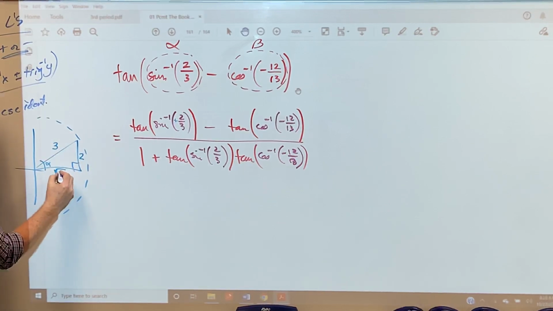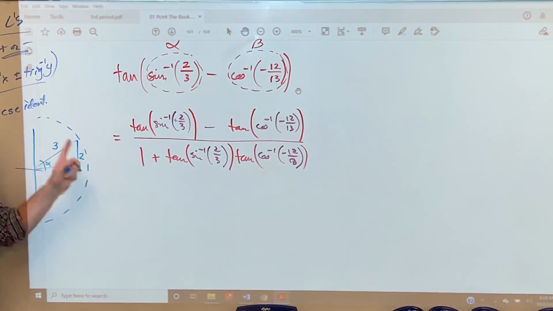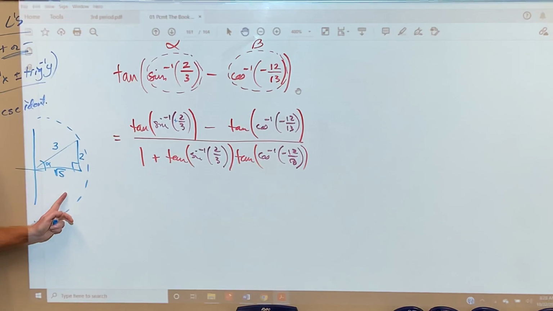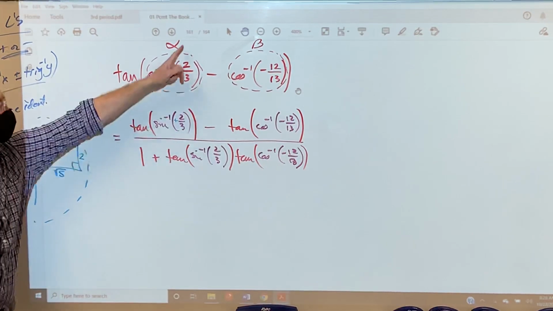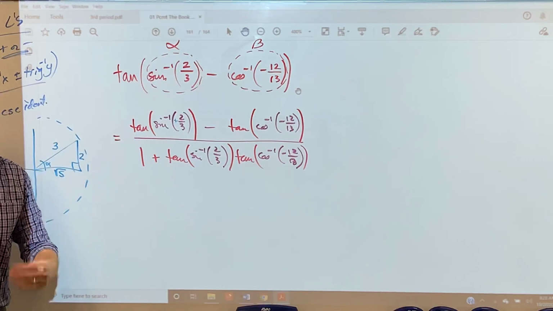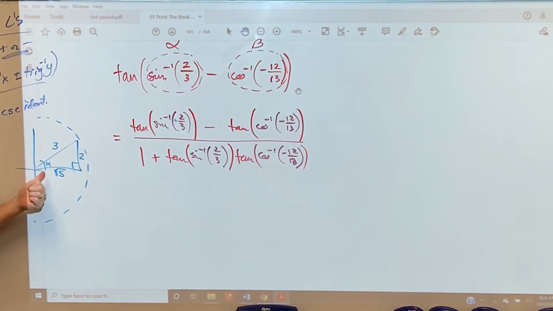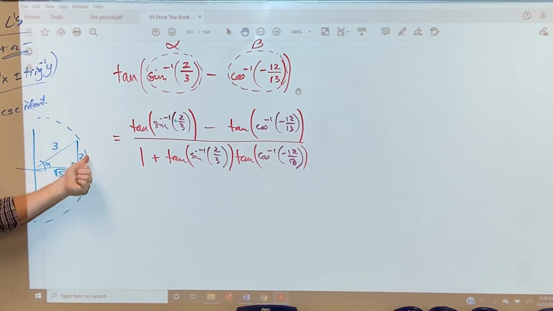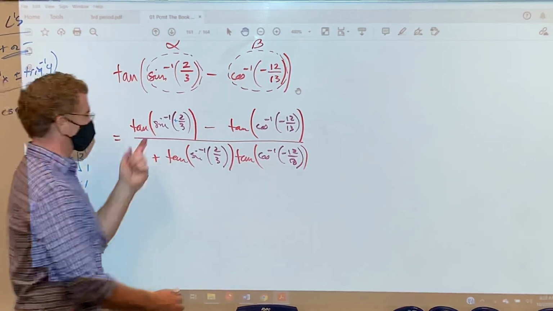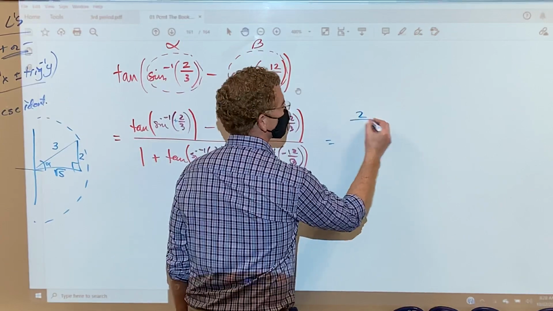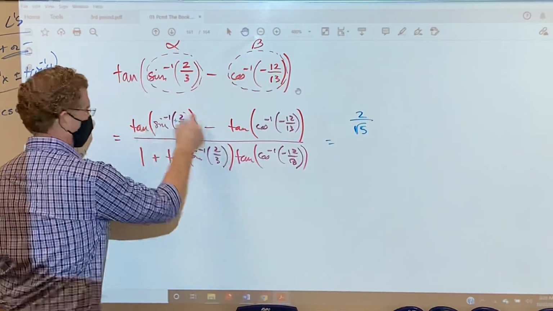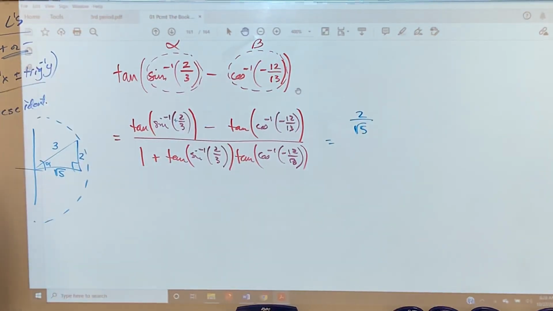This Pythagorean theorem gives me a root 5 right there. Everybody good on getting that root 5? Now, I'll never know that angle. Remember, I'll never know the alpha. But I don't have to, because all I have to do is find the tangent of it. And what is the tangent of that alpha? 2 over root 5. So that whole expression is 2 over root 5.